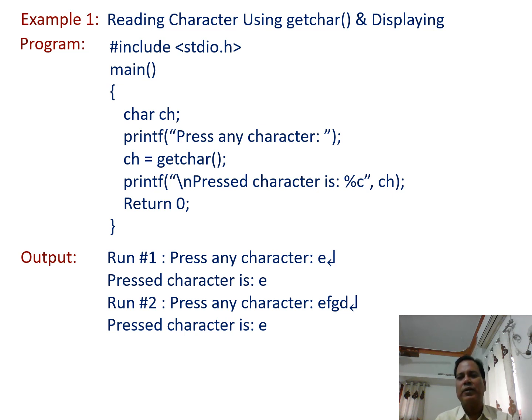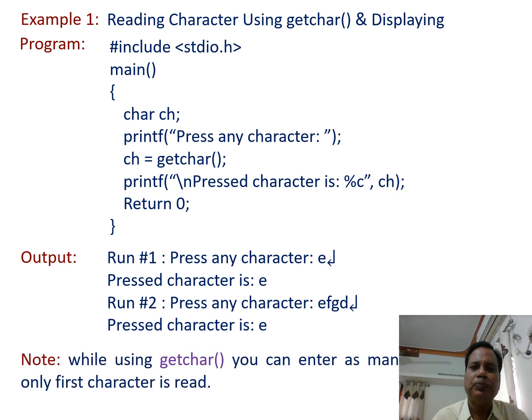It means that even if more characters are entered and then the enter key is pressed, only the first character is taken in the program and that is displayed. That's why a note is written here. While using getchar, you can enter as many characters as you like, but only the first character is read.